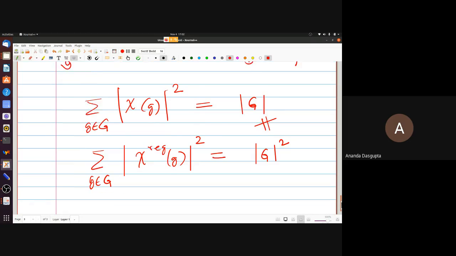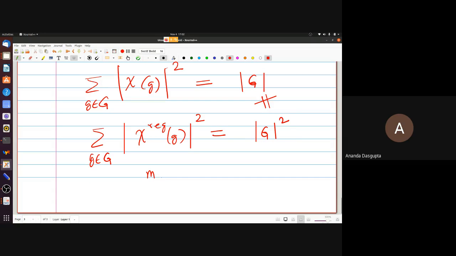Okay. And if you look at the M alpha formula in terms of sum over the group, it is chi alpha G's conjugate times chi G. In this case, let's talk about the regular representation. So chi regular G, that is 1 by mod G. And can anybody tell me how much this is? Chi regular G, remember, has this very simple form.